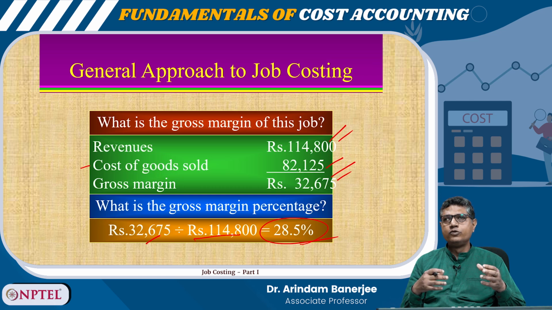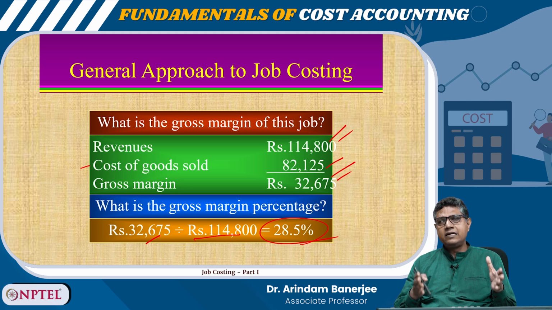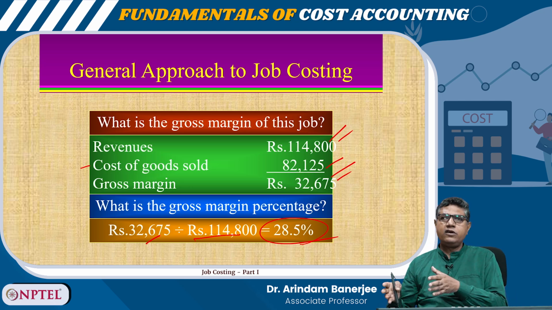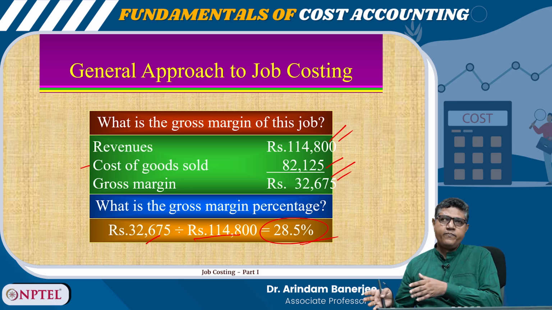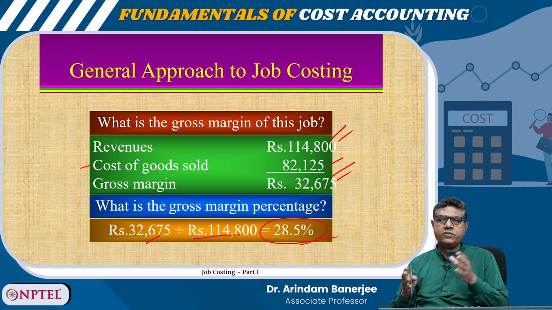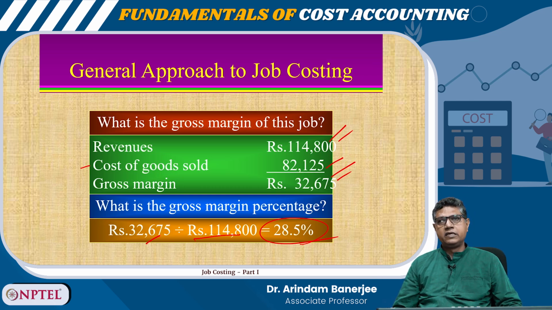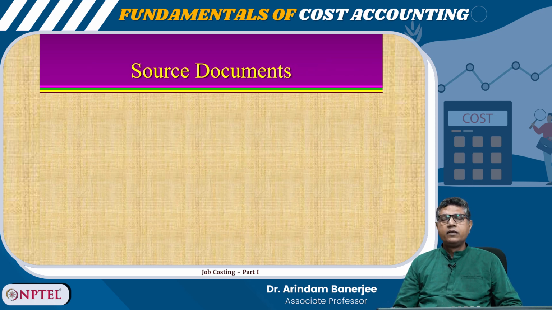Then we assign the indirect cost to it, add the direct cost with the indirect cost and get the total cost. If I deduct this total cost from the revenue, I get the gross margin, and if I divide this gross margin by the total revenue, I get the gross margin percentage.